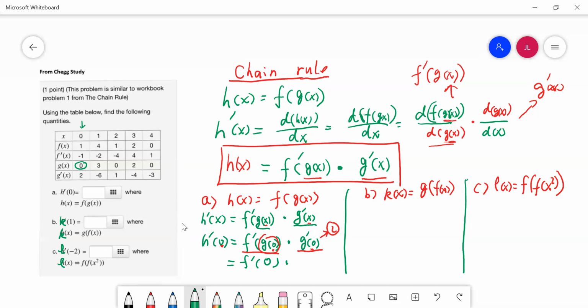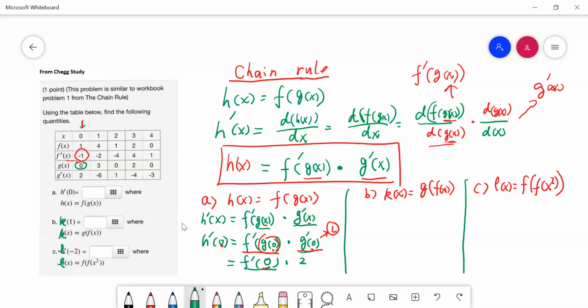Times, we find this g(0) derivative is 2. So we plug in 2. This asks us to find the derivative of f at 0. So f derivative at 0 will be negative 1.